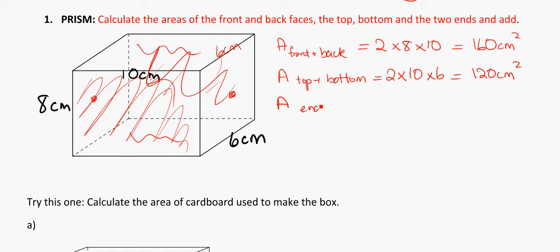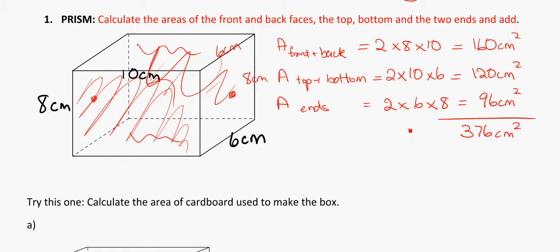Area of the ends equals 2 by 6 by, and that 8 is also here, it's the height of the box, so 2 by 6 by 8, and work that out, 96 centimetres squared. And now you're going to add all the faces together, and you should get 376 centimetres squared. And we put surface area equals, SA stands for surface area.